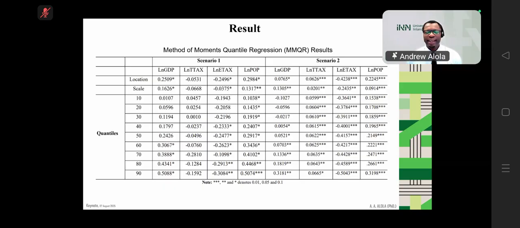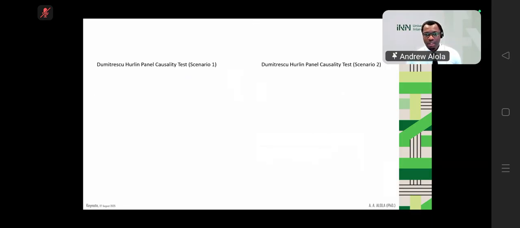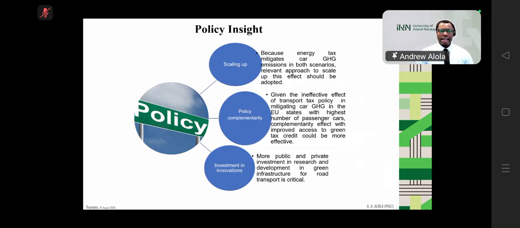So possibly in this type of country, the transport tax is very, very low, and that is why we are not able to establish a desirable impact of the transport tax on this. And this is our policy take-home from here.